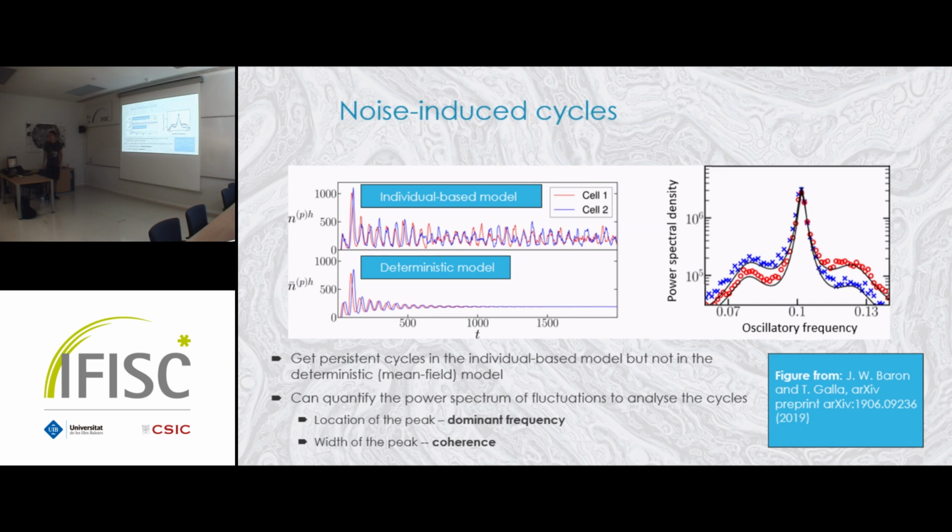The simulations take roughly 5 to 10 minutes. So for 10,000, intrinsic noise is still relevant? Oh, certainly, yeah. As you can see, we get these persistent cycles in the individual-based model that we certainly don't in the deterministic model. Okay.